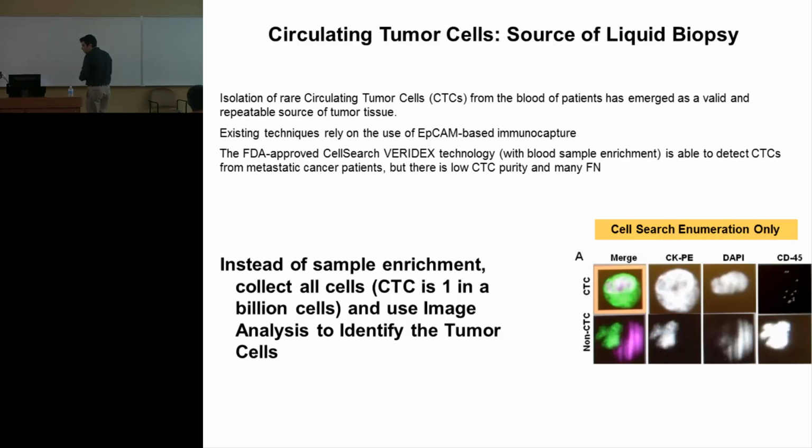What I've been working on in this context is, instead of having this sample enrichment that is supposed to collect only the tumor cells, to image all of the cells, so to have no enrichment. There have been a lot of problems with this machine in terms of purity, and there are many false positives, up to 90%, so it just misses cells. Once they're gone and we don't collect them, we cannot do any analysis.